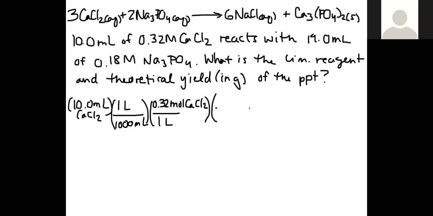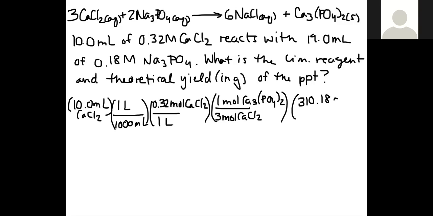For every 3 moles of CaCl2, we have 1 mole of Ca3(PO4)2. And as I told you before, the molar mass of that is 310.18 grams for 1 mole of Ca3(PO4)2. And that gives us 0.33 grams. It's 2 sig figs. Why?